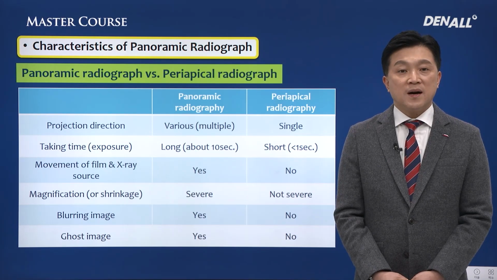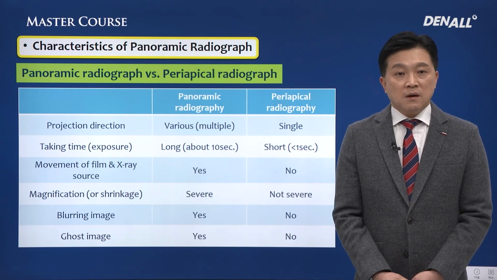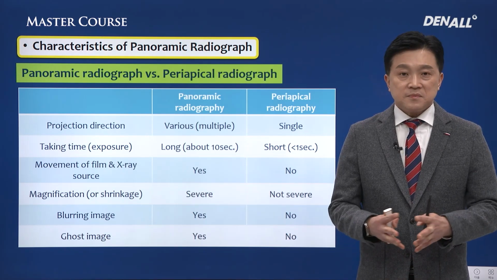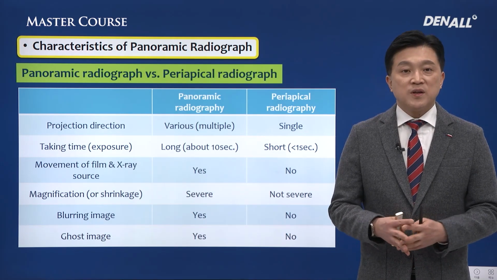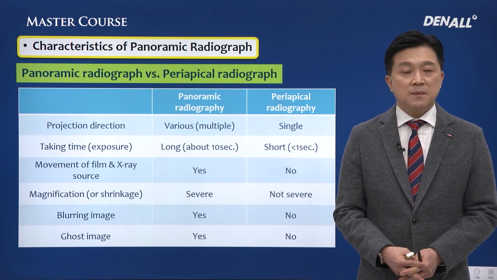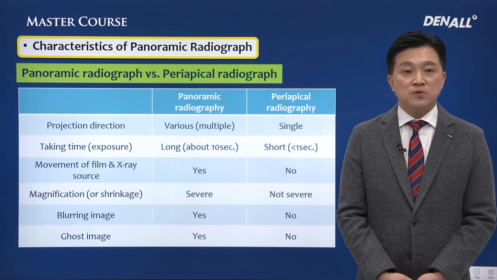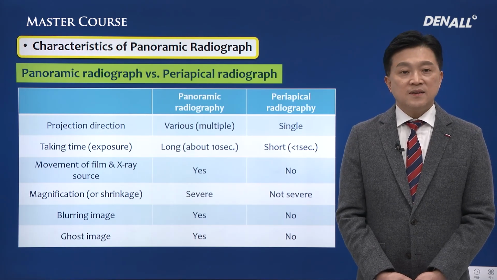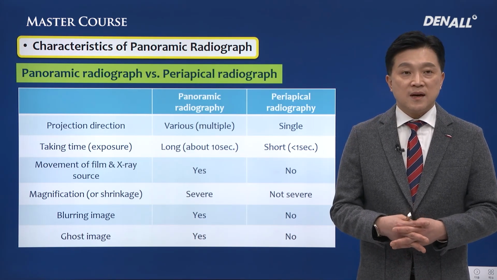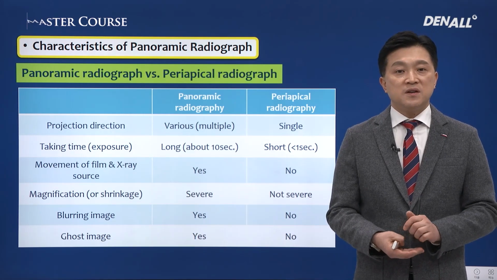In the case of periapical image, depending on how we take it, the amount of magnification can vary. Panoramic image provides a very consistent level of magnification. There can be many different anatomical structures, and there can also be ghost images.